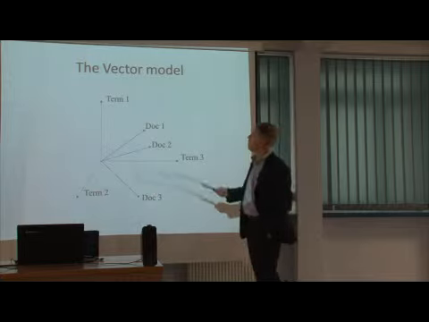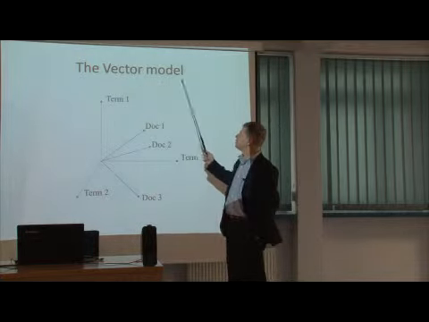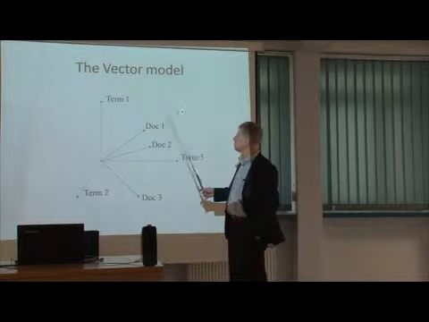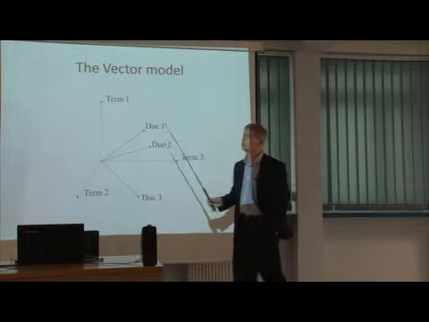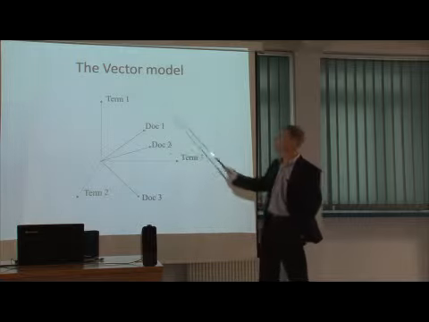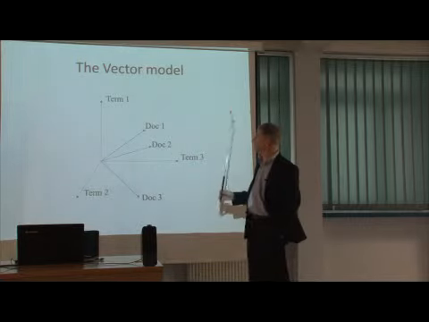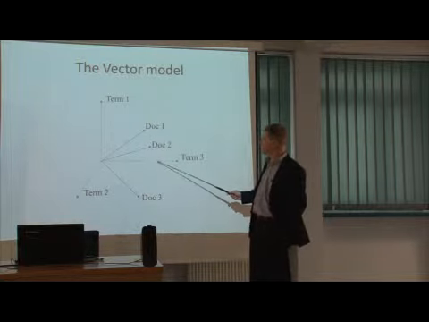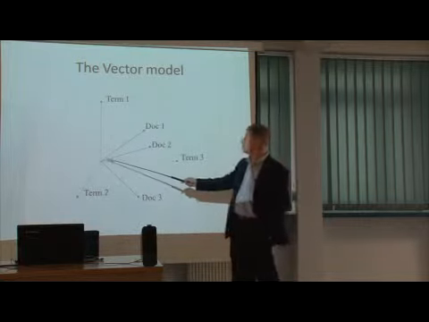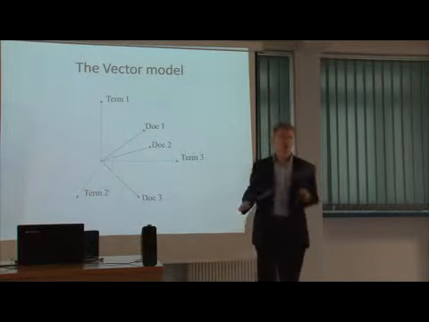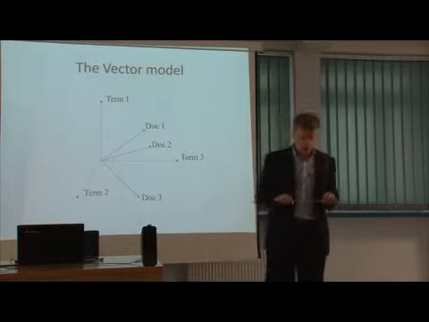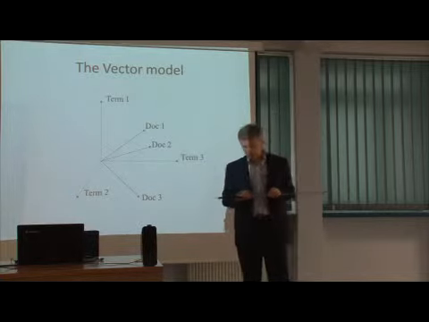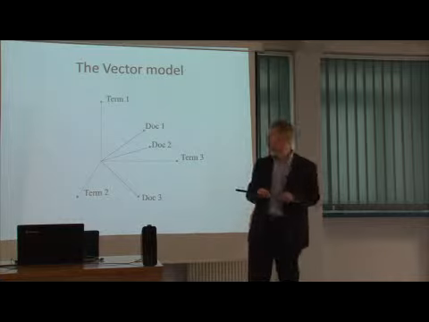The technical term for the model that is most widely used in information retrieval is the vector space model, or sometimes vector model. The idea is that we represent each document as a vector, the same way as we saw yesterday when discussing the naive Bayes algorithm.